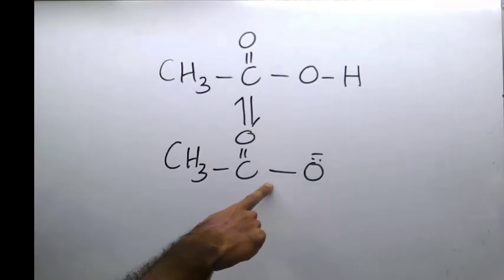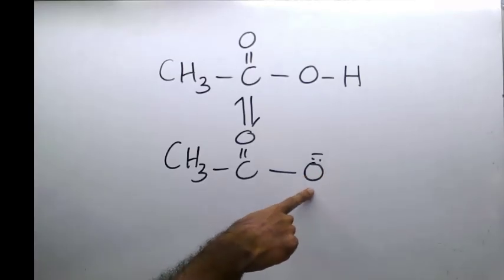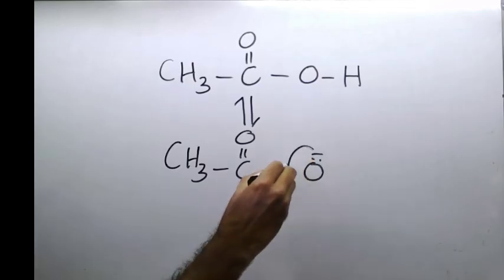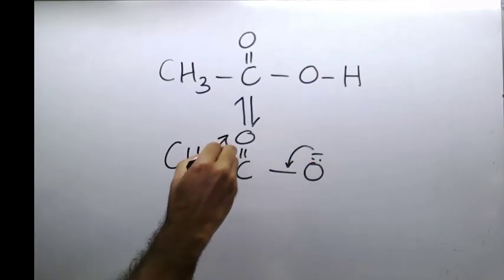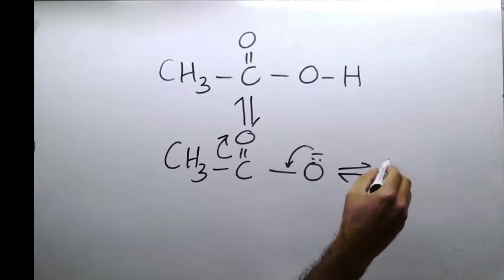In this example, the negative charge is on the electronegative oxygen atom. So we can say it is somewhat stable because the oxygen atom likes negative charge. Also, this can delocalize with this carbonyl group and form this resonance structure.